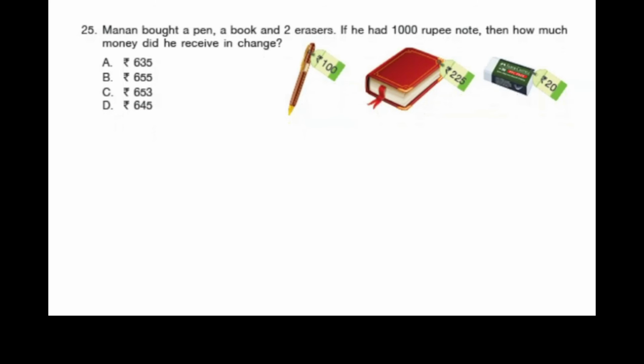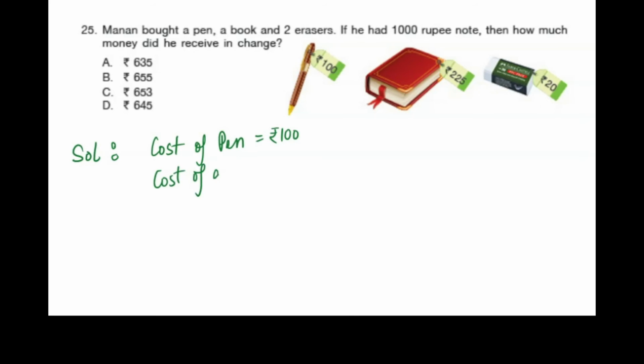26. Manan bought a pen, a book and 2 erasers. If he had 1000 rupee note, then how much money did he receive in change? Let's solve. Cost of pen is 100 rupees.